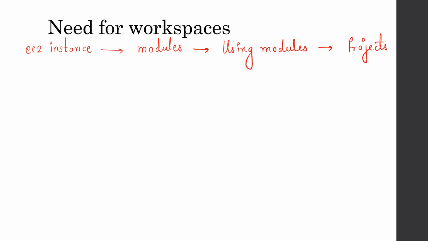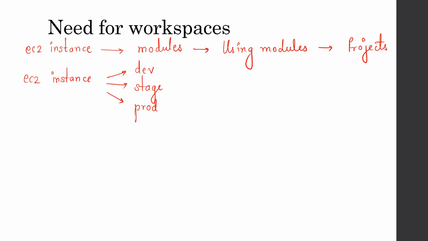Now, similarly, if I have been asked to create an EC2 instance across multiple environments, there are different environments in our projects. There is a dev environment, then a staging environment, and also a prod environment.